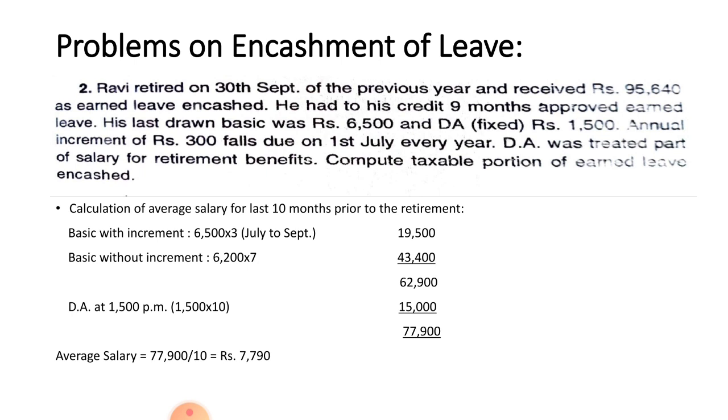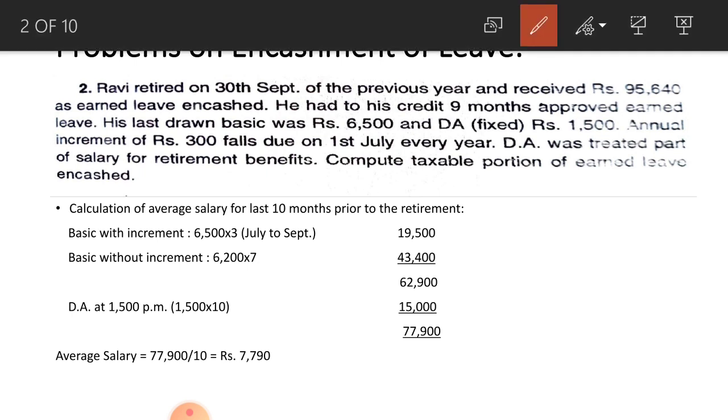Next, his last drawn basic was rupees 6,500. That means in the month of August, the previous month of his retirement, he received 6,500 as basic and DA rupees 1,500. That DA is fixed, it is not changing. Annual increment of rupees 300 falls due on 1st July every year.